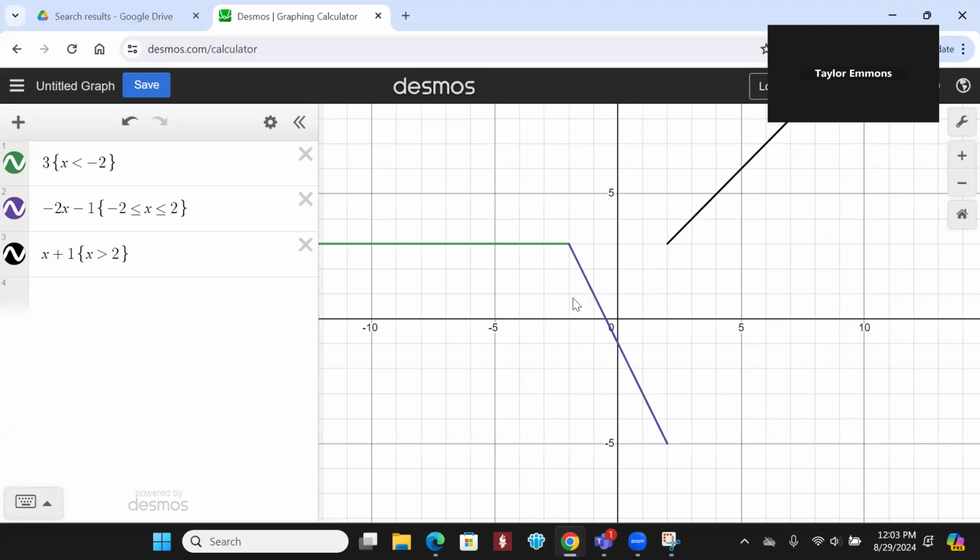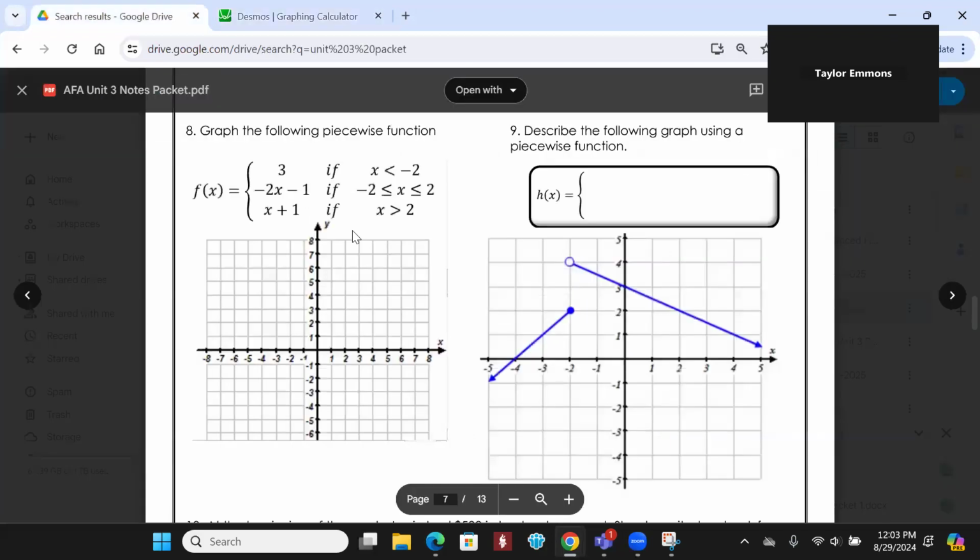So we go into our graph, and we're going to go 3 is just a horizontal line from x is -2 all the way to the left. So we're going to have an open circle and then just draw a straight line this way. Make sure you put an arrow at the end because that continues on to the left forever.